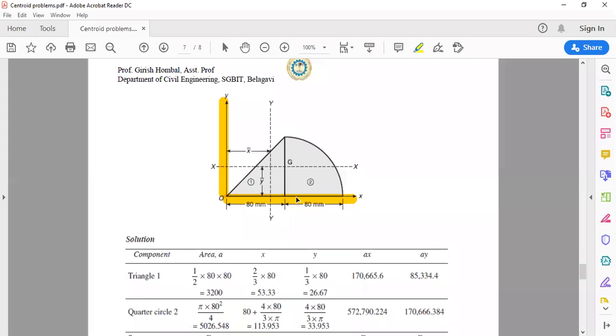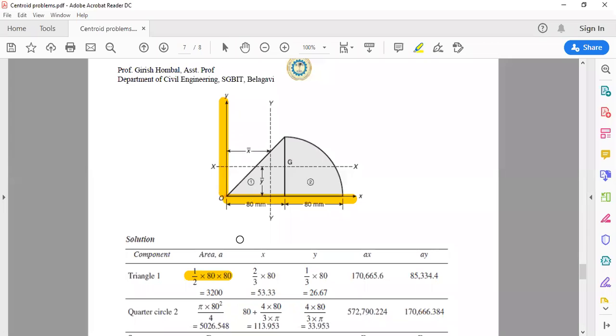So since the radius of quadrant of circle is 80 mm, the height of the triangle is also 80 mm. So sometimes the data will not be given directly. We are supposed to calculate it as in this case. So thereby we have written it as half into base into height, which is 3200 mm square.